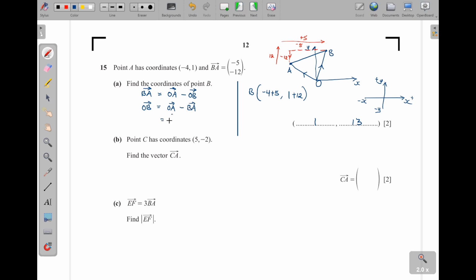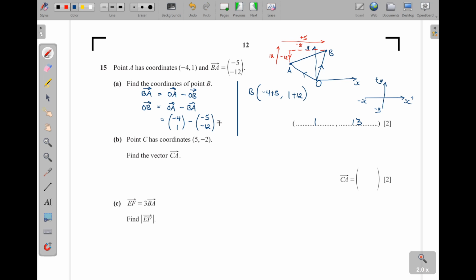So substitute OA, the position vector of A is going to be -4, 1. So you write it as a column vector, -4, 1. And then for BA, it is given as -5, -12. Now, here we shall have -4 minus -5. That one will give us a +1.